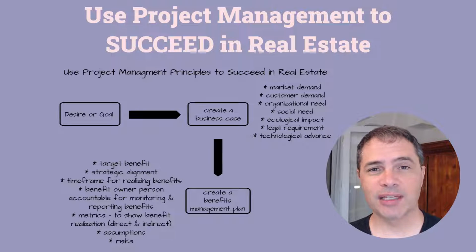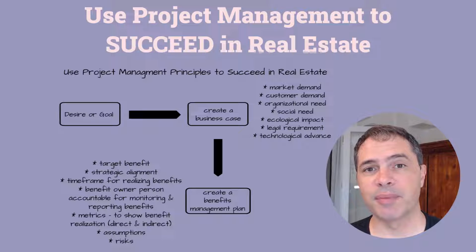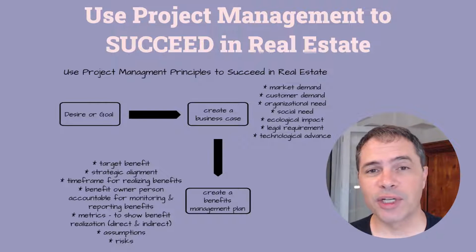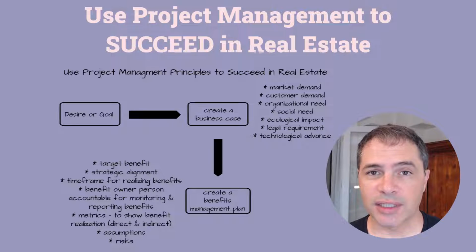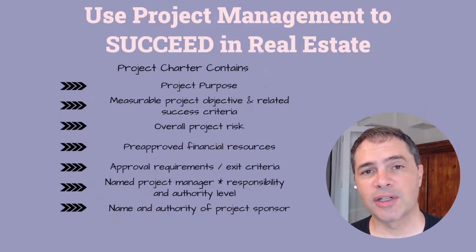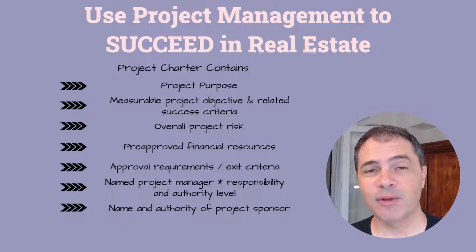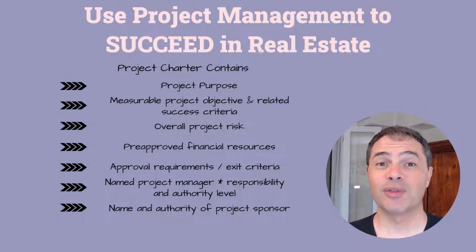So now we have two documents, the business case and the benefits management plan, and we have whatever documents are unique to our project as well, maybe a listing agreement, maybe a market analysis. We're going to use these documents to create our project charter. That's an important document where we talk about who's starting this, who's in charge, who's going to be in charge of realizing those benefits, what metrics we're going to use for measuring our success, and who's going to report.